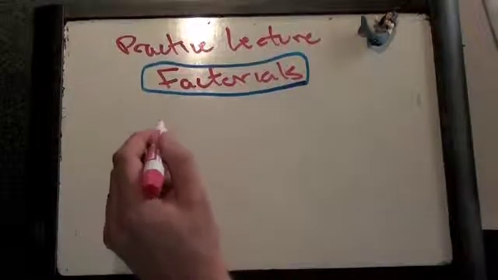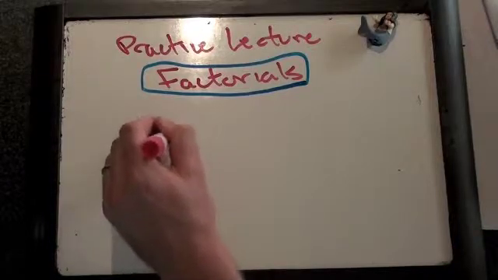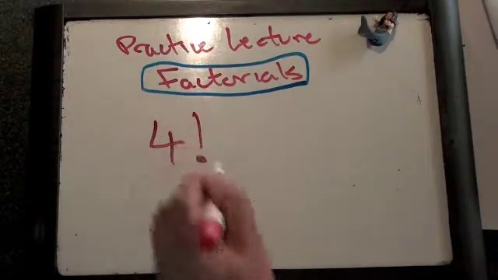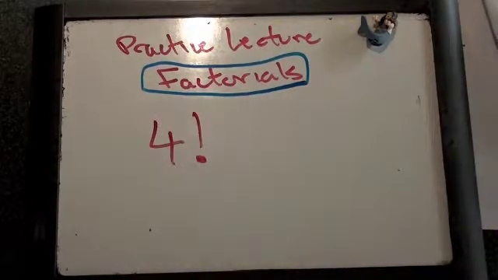So there's a special symbol if you take a number and put an exclamation point after it. And you read that as 4 factorial. You don't read that as 4! Nope. This is read 4 factorial.